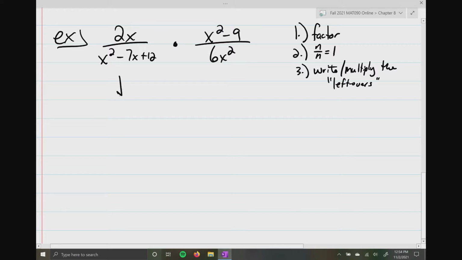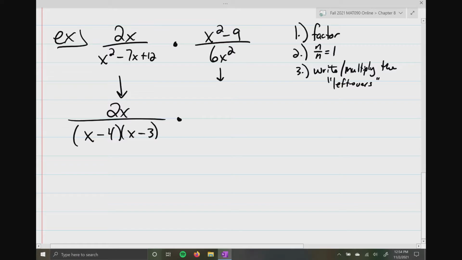Directly underneath, I'm going to simplify the first fraction. I'm going to factor. The 2x doesn't factor, it stays the same. The x squared minus 7x plus 12, well, that factors down into x minus 4 and x minus 3. Okay? Now, second fraction.